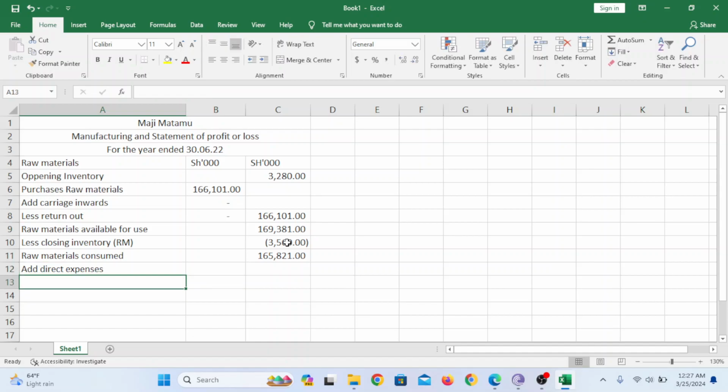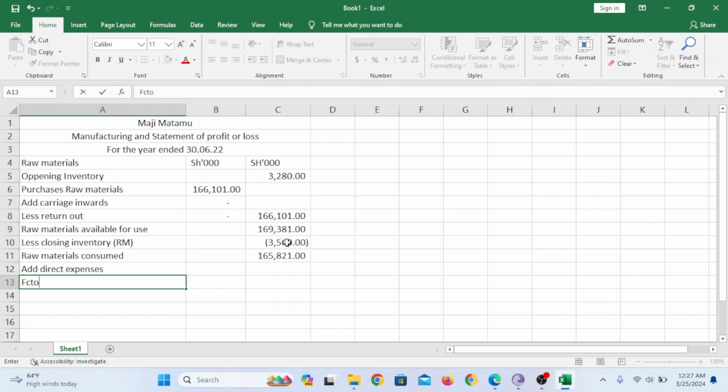These are expenses incurred directly for production and attributable directly to the final product. In our case, the only direct expense we have is factory wages.